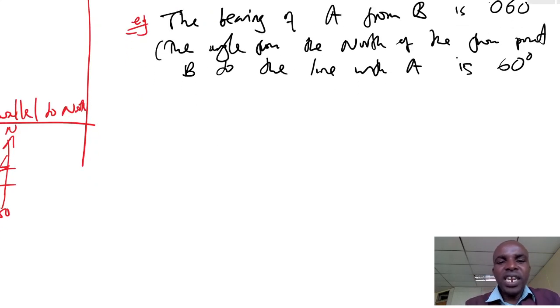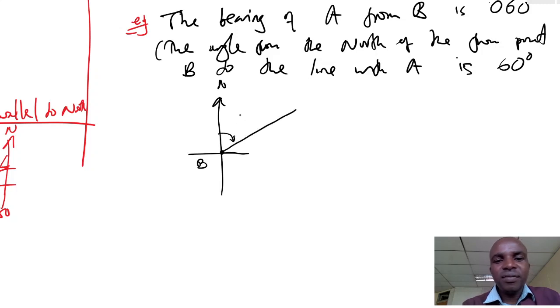If I illustrate now, this one is my front point. Let's say this point is B. Then I draw my north at the front point, which is B. From the north of the front point, the angle is 60 degrees, like this. And A is somewhere on this line, from B to A. Please take note, BA is not supposed to be much longer or smaller.